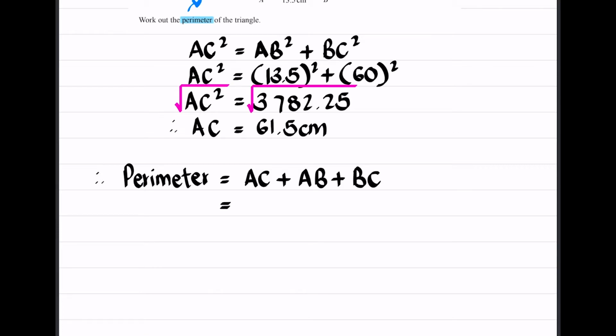So that is equal to 61.5 plus AB, which is 13.5, plus BC, which is 60. So the perimeter of this shape is therefore equal to 135. Remember perimeter, the units aren't squared, just 135, but don't forget your unit, centimeters.